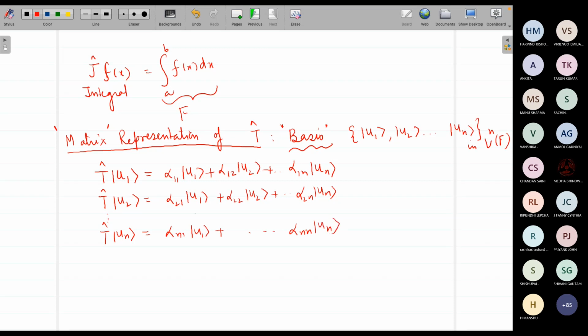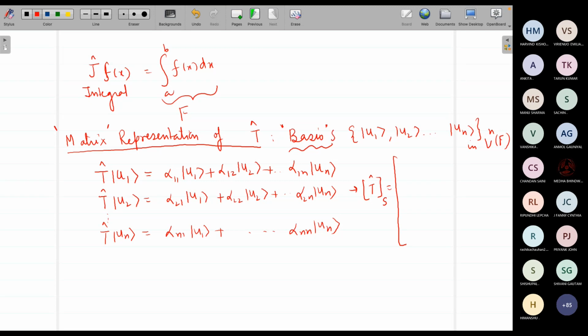So if I take any of the vectors of this basis and apply my linear operator, since my vector remains in the same vector space, I can always expand it with respect to the basis of the same space. Makes perfect sense. Now, this gives the matrix representation of my linear operator with respect to a fixed basis.